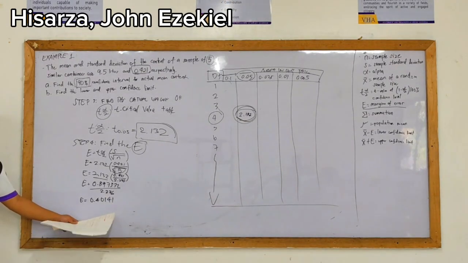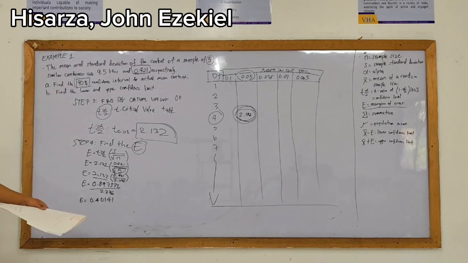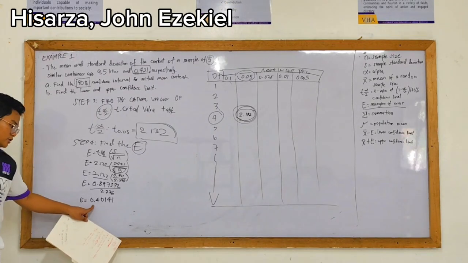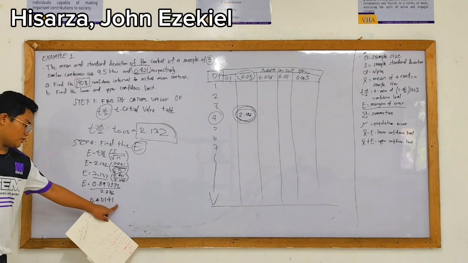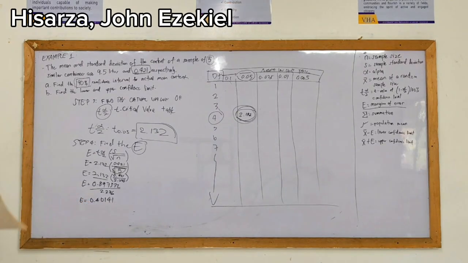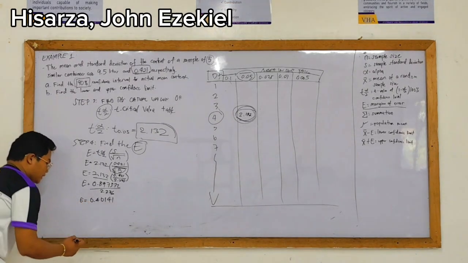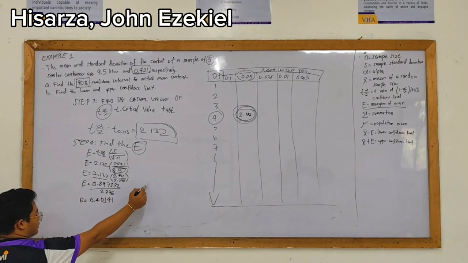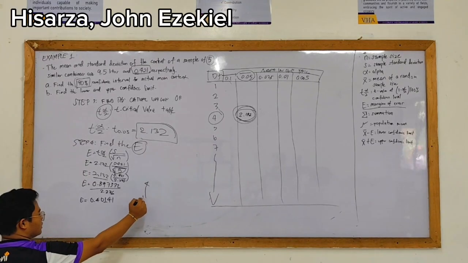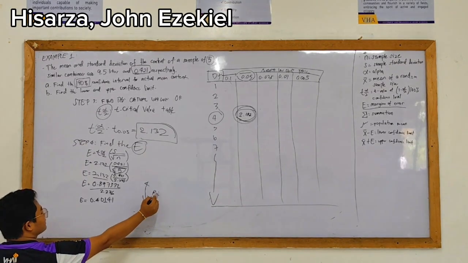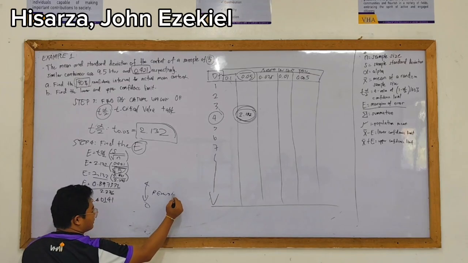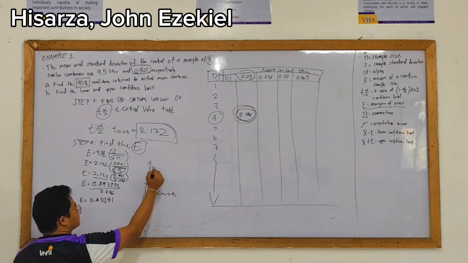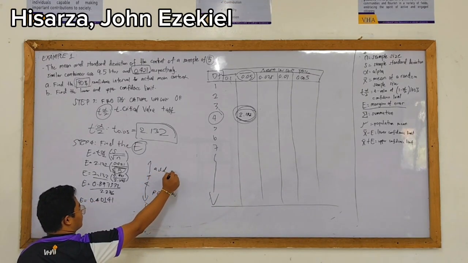and I'll just round off to lessen the decimal places. We're just going to get two decimal places, and as you can see here, that one is our third decimal place. So the 0 will just remain, and the 5 is followed by 6 and 1.